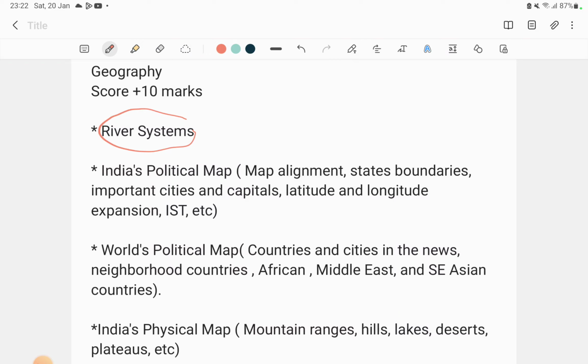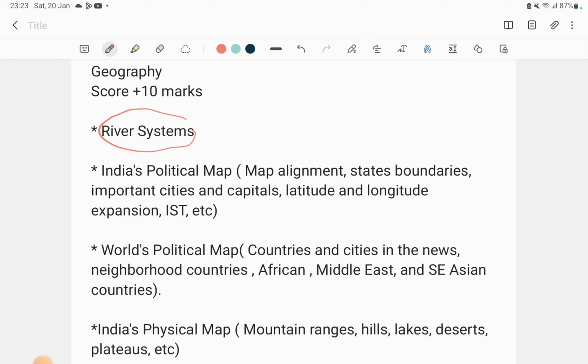And this is true with the world's political map. Study nicely India's neighborhood, the countries which are in the African continent, Middle East, even Southeast Asian countries, and have a look at the cities and the countries which are frequently in the news. So now the Gaza and Israel issue is going on.